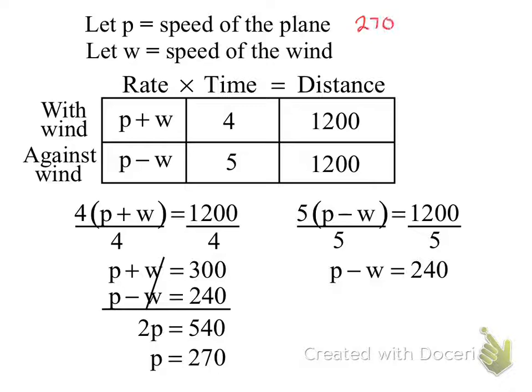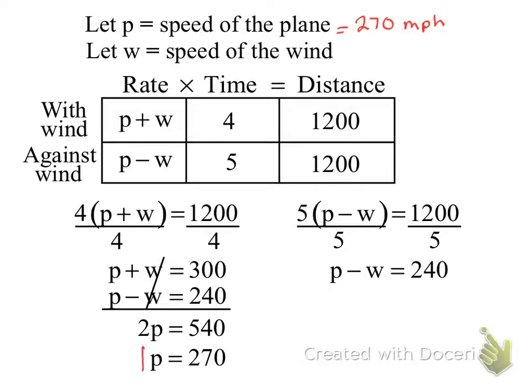So this is 270, just without wind. And it's 270, was it miles per hour? Yeah. Okay. Now, how do I figure out the wind speed? Jack. For the wind speed, you plug the 240 back into the equation and then... 240?